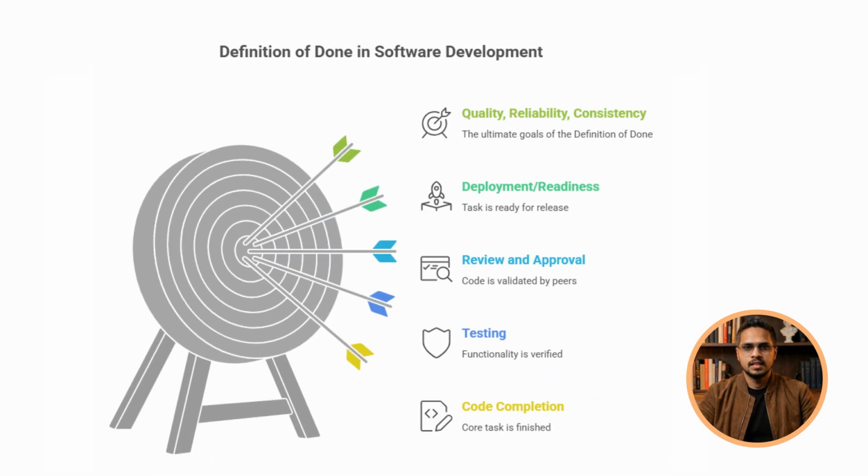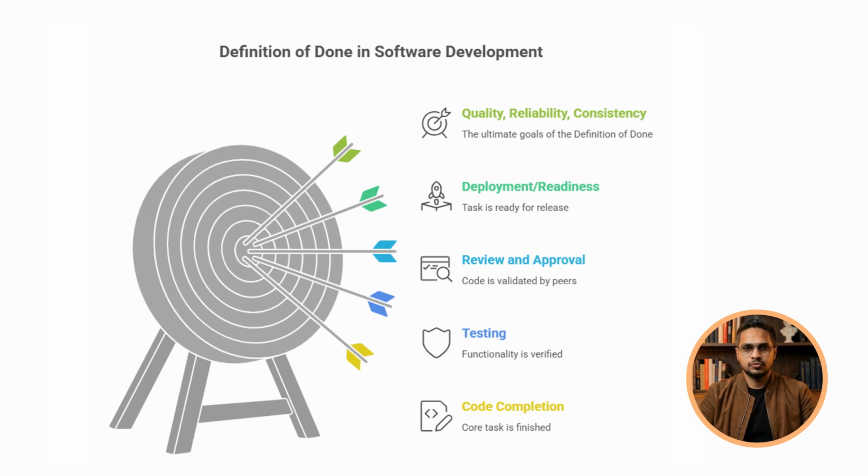Now, let us talk about the definition of done. Definition of done is a shared agreement within the team that clearly defines when a task or feature can be considered complete. It ensures that all required quality checks, validations, and standards are met before any work is marked as finished.